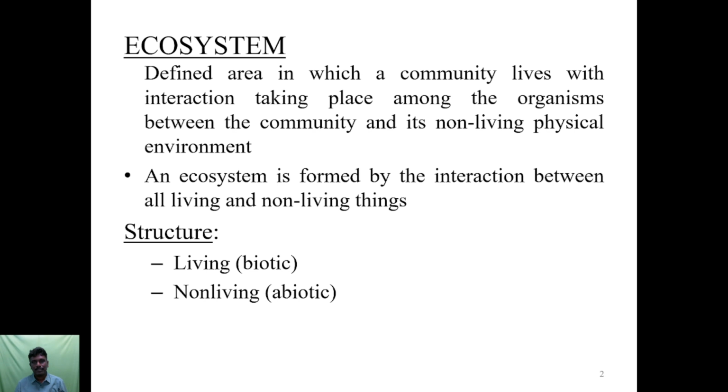The communication between living things, non-living things and between the organisms is collectively called an ecosystem. It is formed by the interaction between all living and non-living things. The main structure of the ecosystem is living and non-living. Living is otherwise known as biotic, non-living as abiotic.